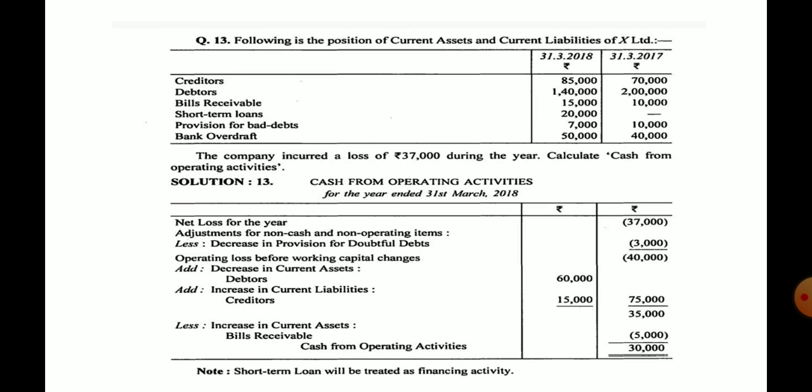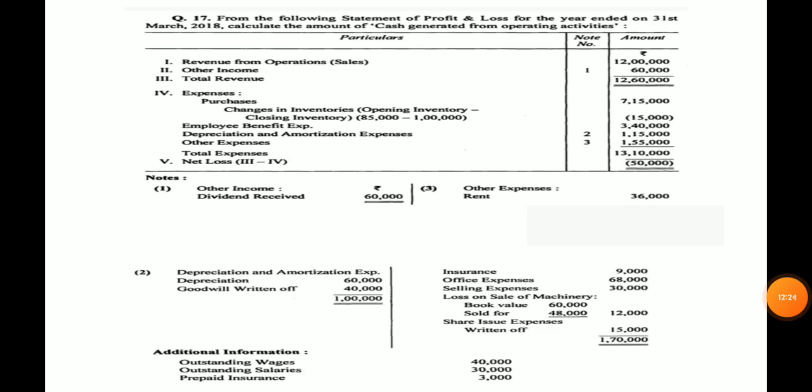Whatever item is left here, short term loans, is not part of operating activity, it is financing activity, and overdraft is also not part of this, it is also a financing activity, right? Quite simple. Now sometimes in a question the P&L account is given and you have to prepare cash from operating activity from this.